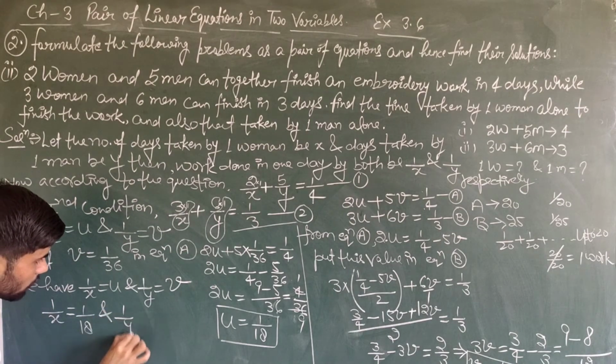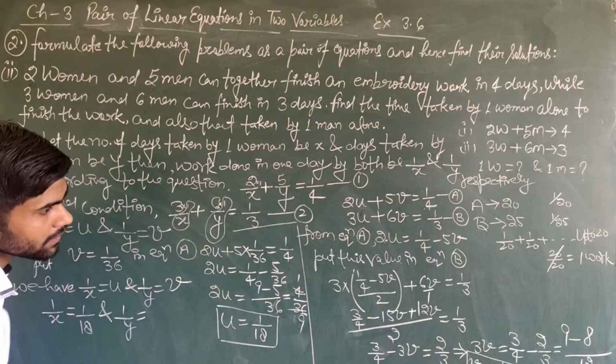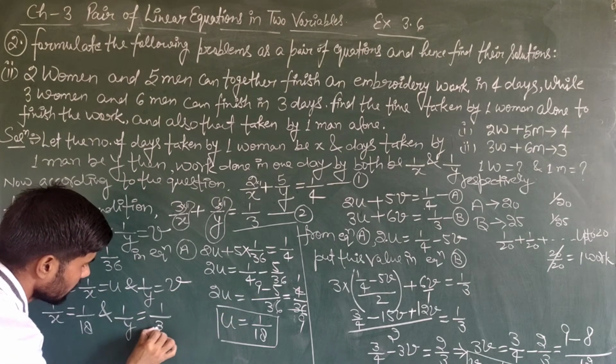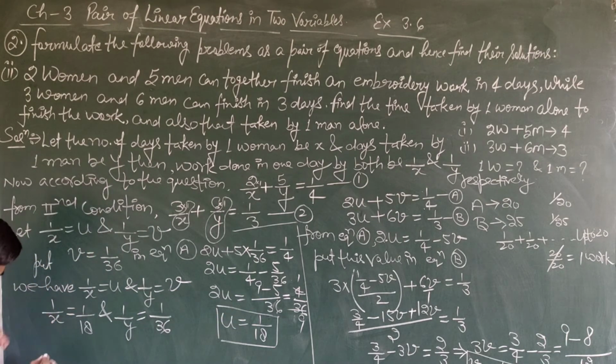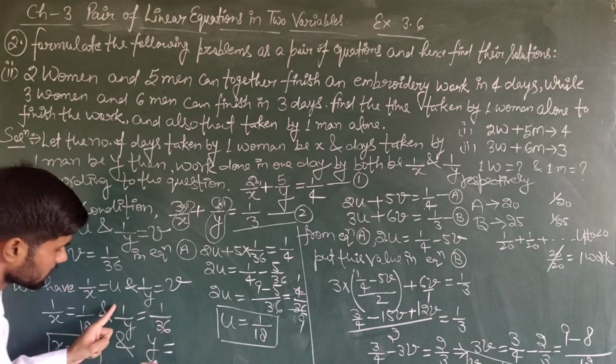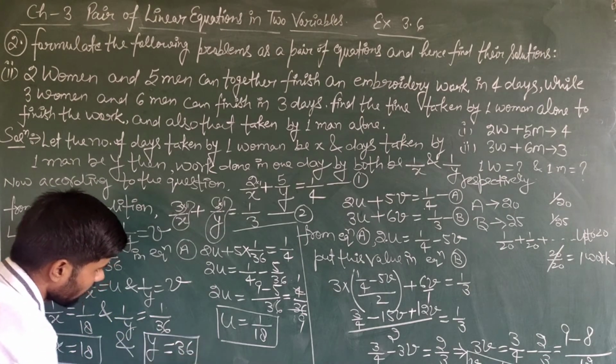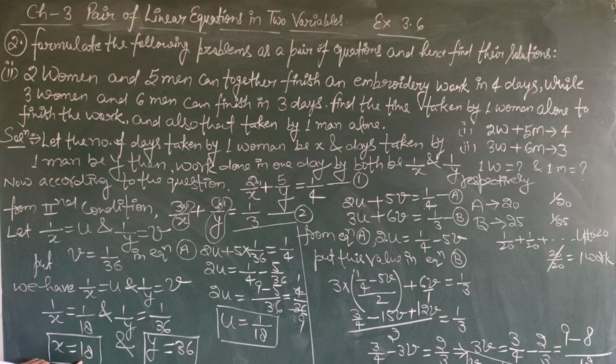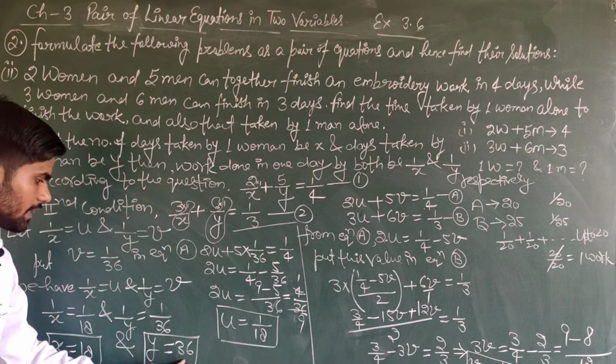And 1/y is equal to v. What is the value of v? 1/36. Here we can find x, x is equal to 18, and y is equal to 36. Value of x will be 18 and value of y will be 36.